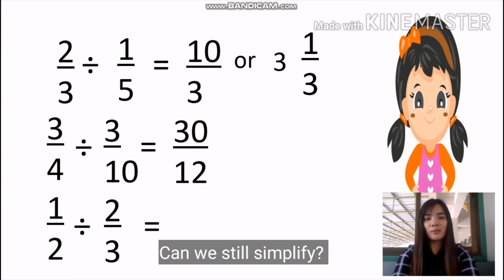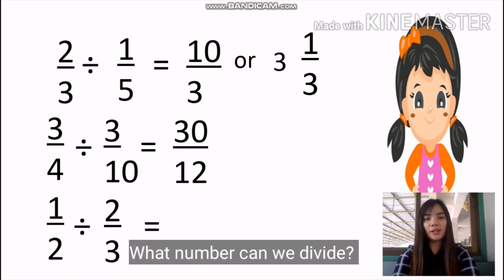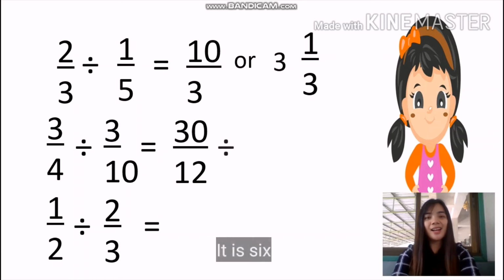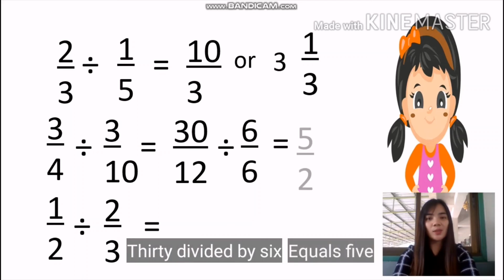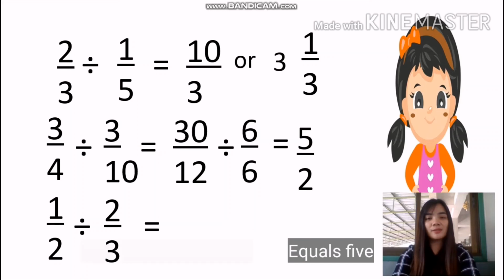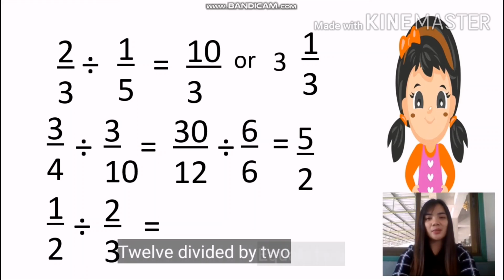Can we still simplify this one? Yes. What number can we divide 30 and 12 by? It is 6. Very good. So 30 divided by 6 is equal to 5. Then 12 divided by 6 is equal to 2.